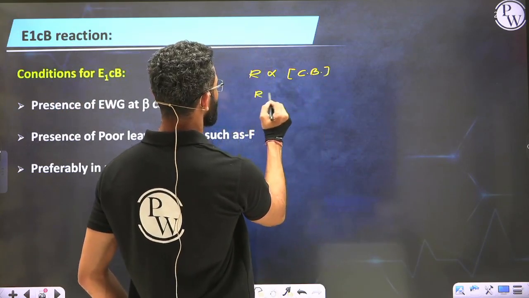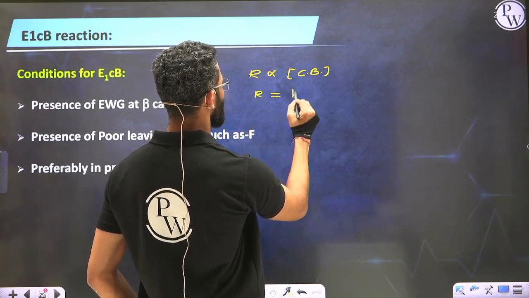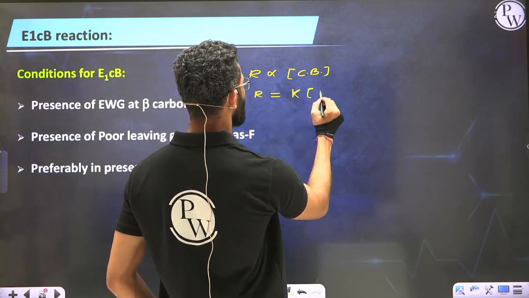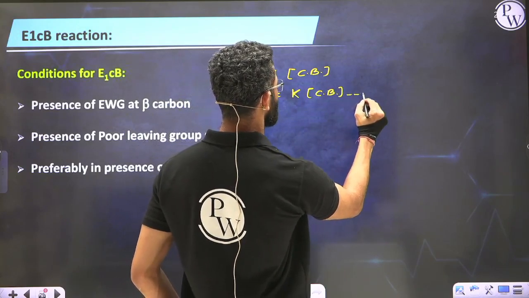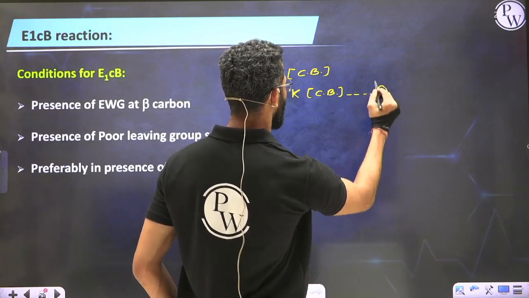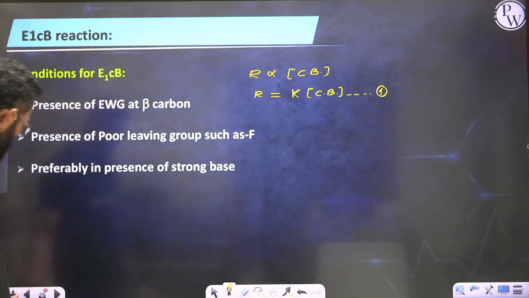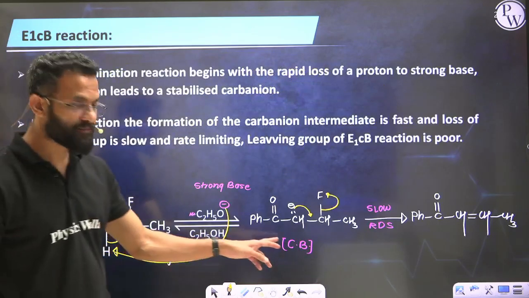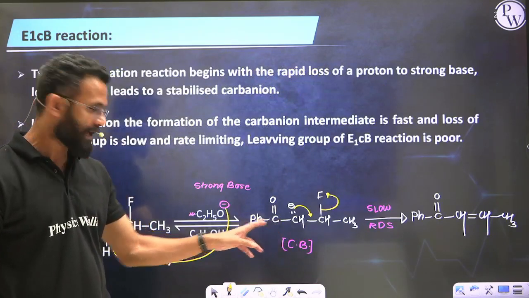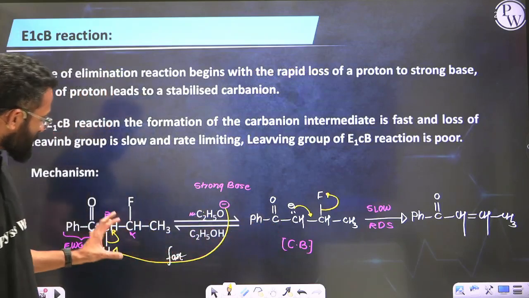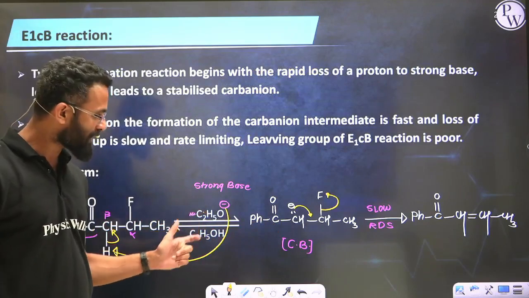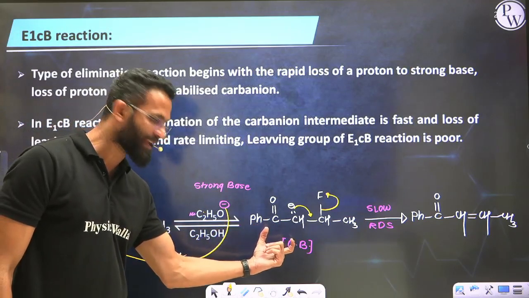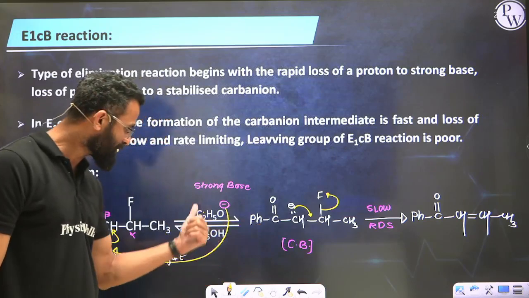Which means rate is equal to K into the molar concentration of the conjugate base. Let's call this equation number 1. Whereas if you see, conjugate base formation is obtained as an equilibrium reaction between the substrate and the strong base. So if I want to find out the concentration of the conjugate base, I'll have to find out the equilibrium constant first.